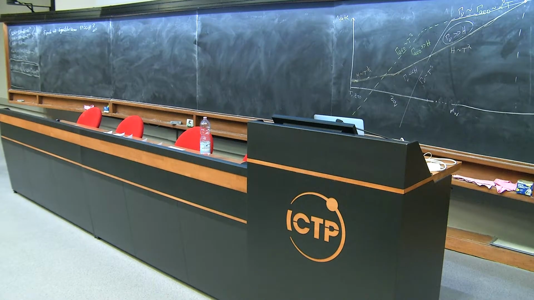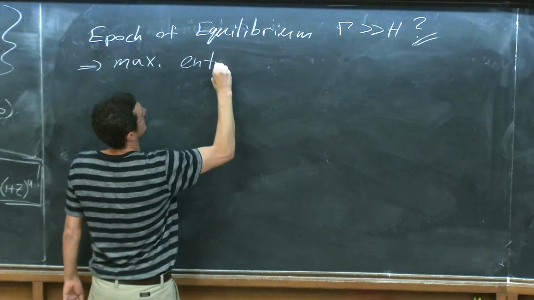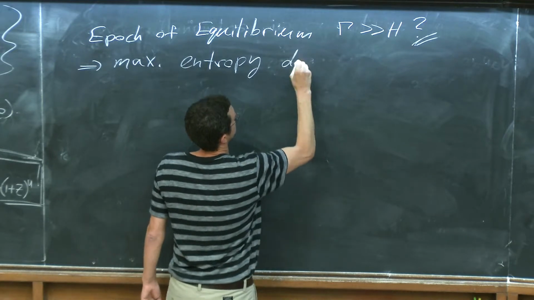It's not an exact thermal equilibrium, because there is still always a slow expansion, okay? But it's very near to thermal equilibrium if interactions are very fast in this slice of time, as they are for QED and the weak interactions. And then we'll reach maximum entropy distribution functions.